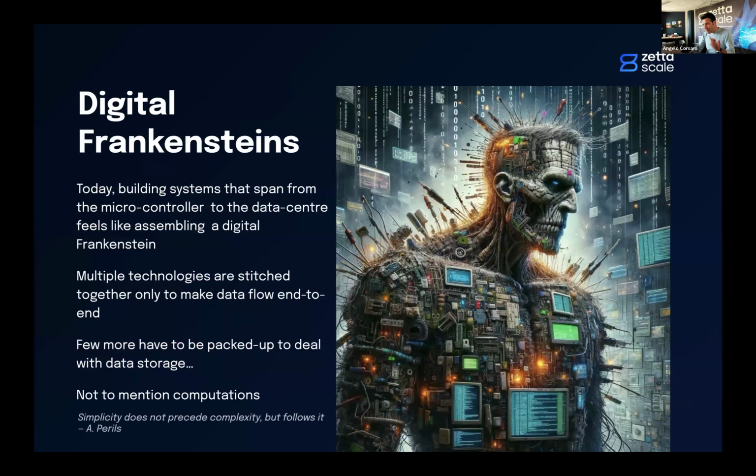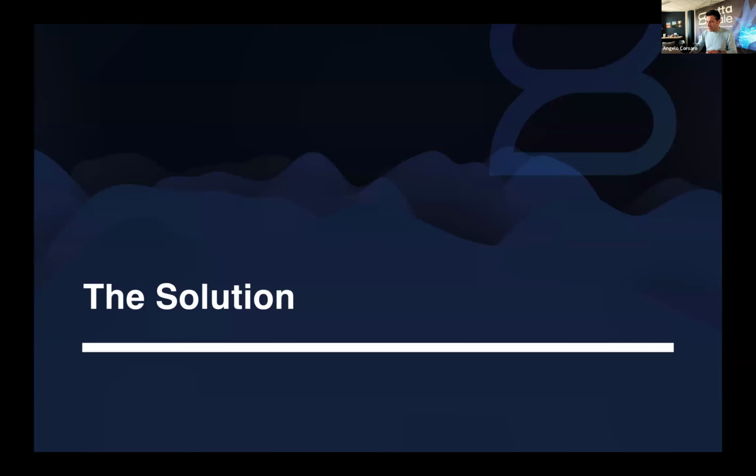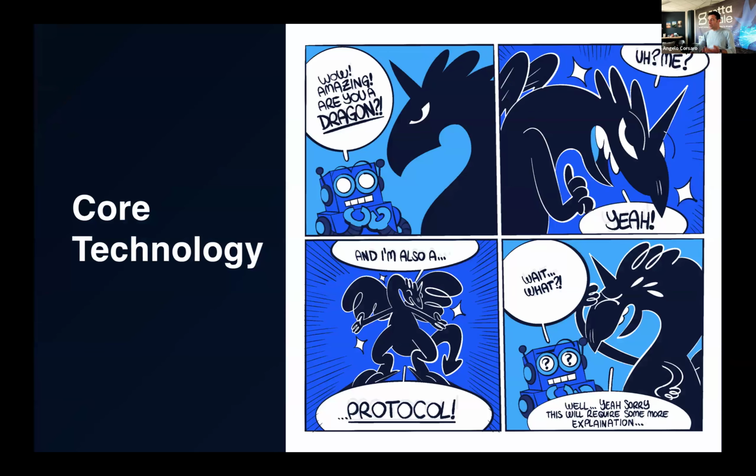And back then, before Zenoh, when you wanted to build this kind of system, it was really about stitching together heterogeneous technology, building up what I've been calling digital Frankensteins for a few years, crossing your fingers and hoping that it would work, okay? So we started working on a new protocol. This new protocol is called Zenoh. And by the way, for those of you who don't know, Zenoh is both an acronym and a reference to two philosophers.